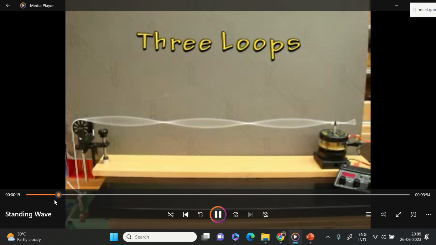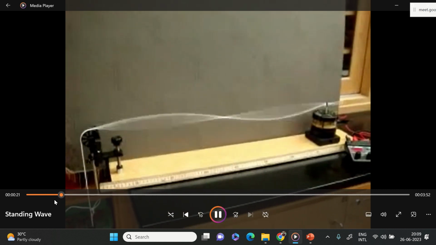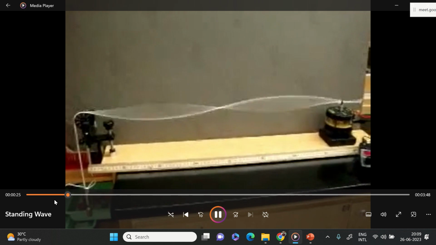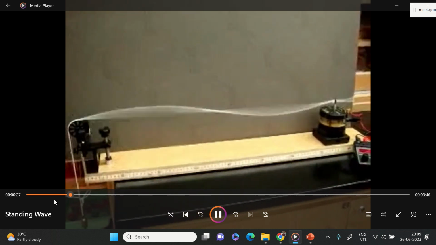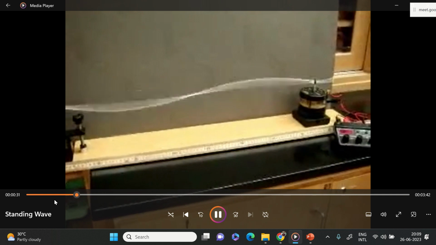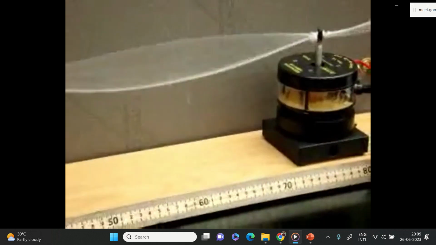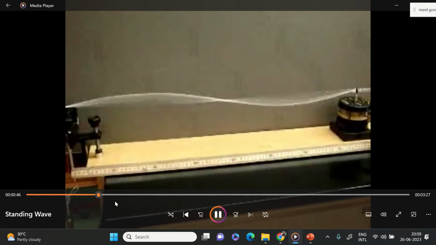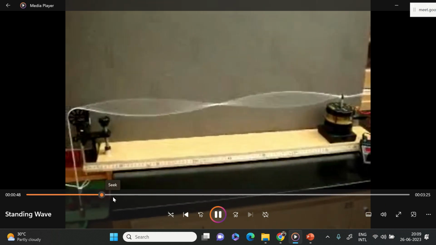So this is standing waves. So you pluck the string, you generate one loop or two loops depending on how much force you apply.